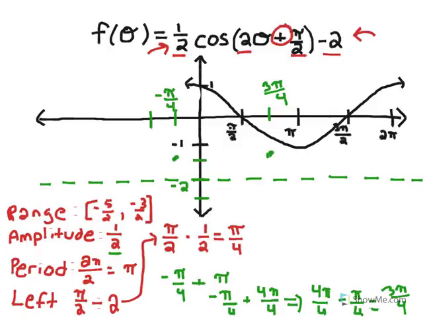Notice how in the original cosine curve there are 5 points that we must consider: 0, pi over 2, pi, 3 pi over 2, and 2 pi. Since we are translating and transforming this function, we need to make sure we do that as well for these 5 points. We've already found the first and the last one, so to find the 3 in the middle, we take our period of pi and divide it by 4.